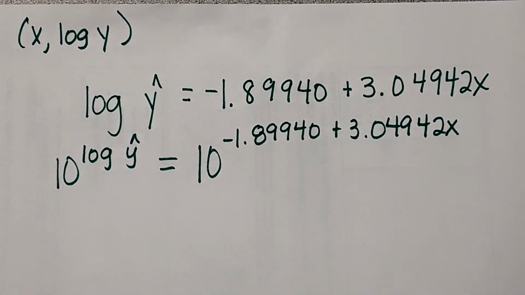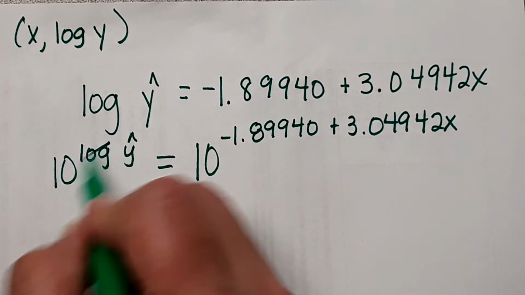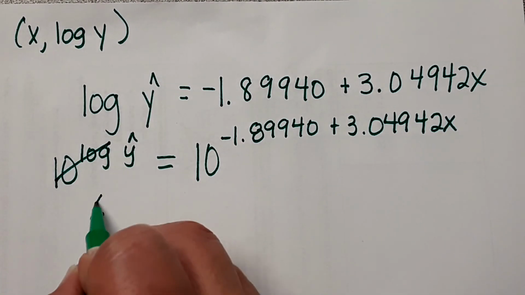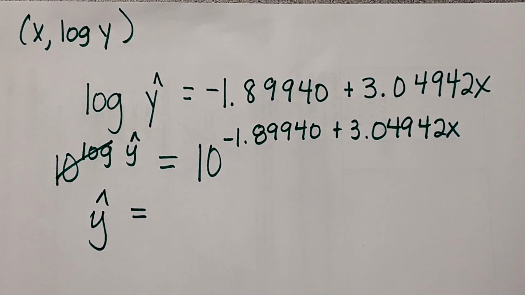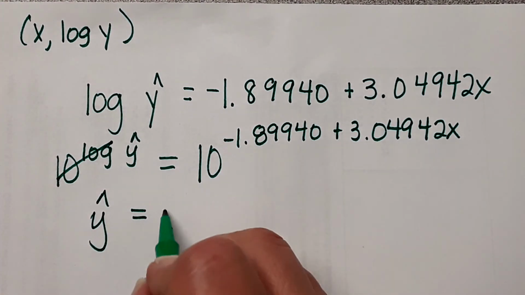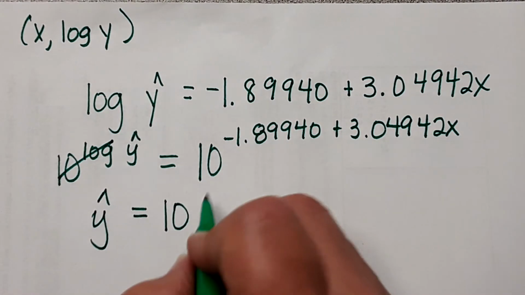Now, what we're doing is we're transforming it back into the equation to match the original data. So in order to do that, we have to get rid of the log. And the inverse of log is the 10. So these are going to cancel each other out, and we're going to be left with y hat. Now, in our exponent rules from way back in algebra, if you have the same base, you can add the exponents.